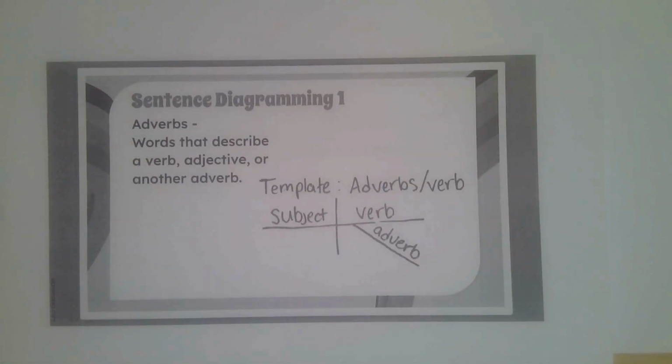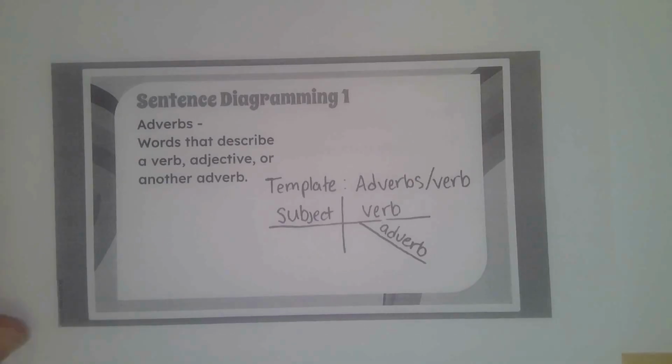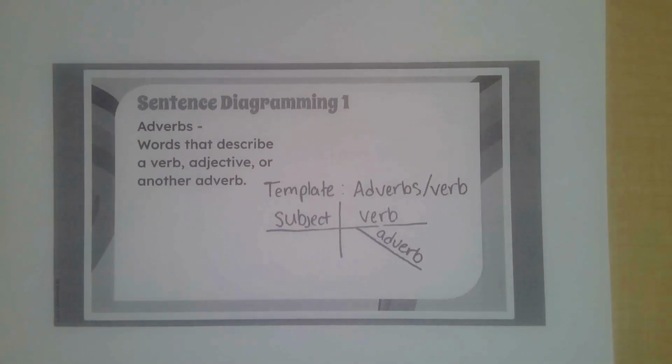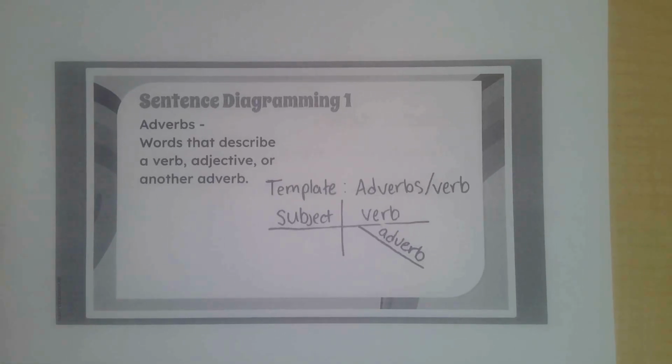Adverbs. These are words that describe a verb, adjective, or another adverb. So adverbs could be doing 3 things. It's hard to sometimes grasp everything that the adverbs can do right off the bat and to figure out which word they're describing. But that's why you need to be very careful as you're going into diagramming to look at what words are affecting what words.